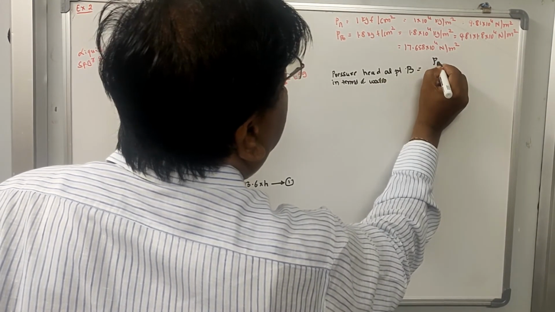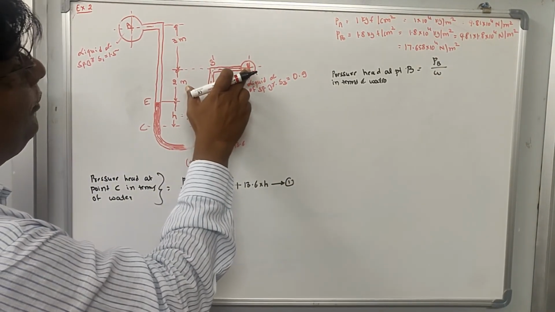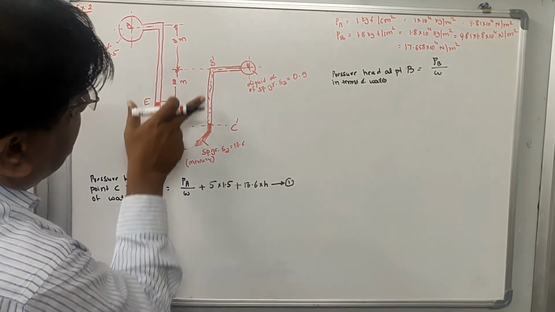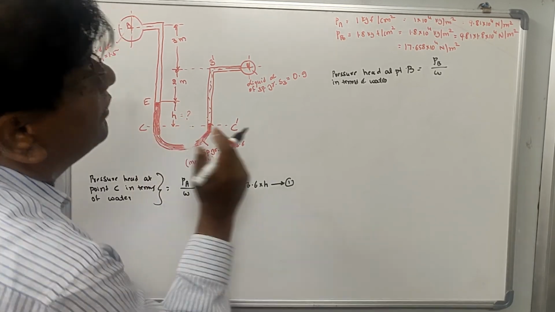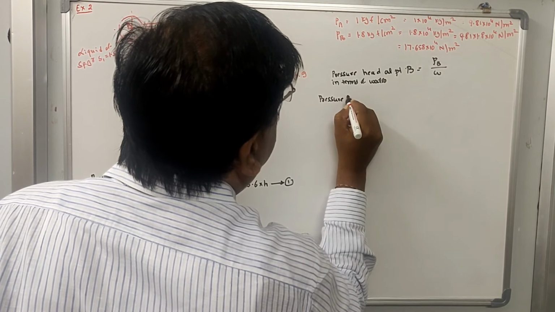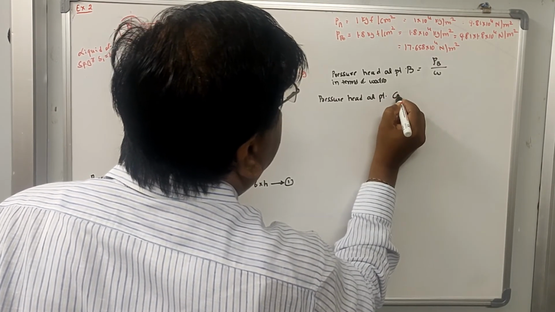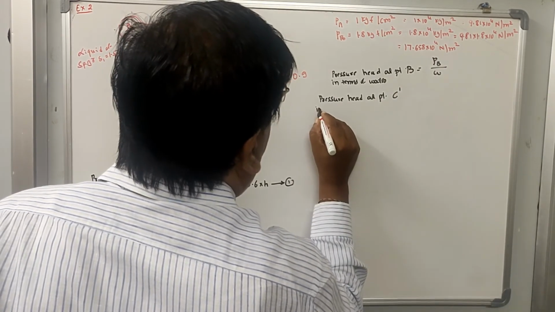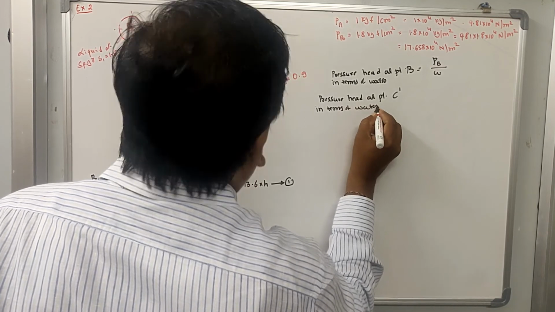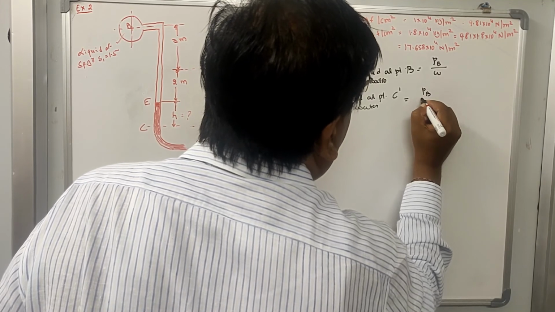So it is PB by W. Whatever pressure head you are getting at point B, the same pressure head you are getting at point B dash. Now pressure head at point C dash in terms of water. So pressure head at point B dash is PB by W.